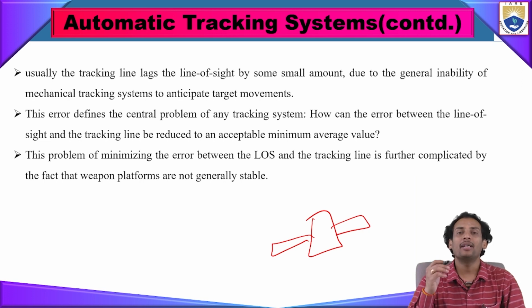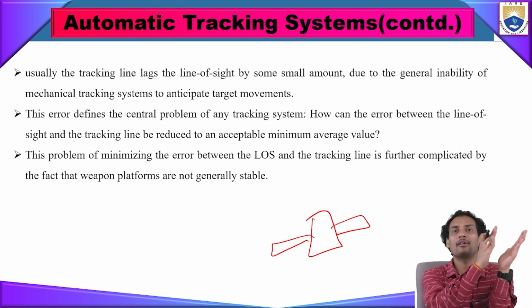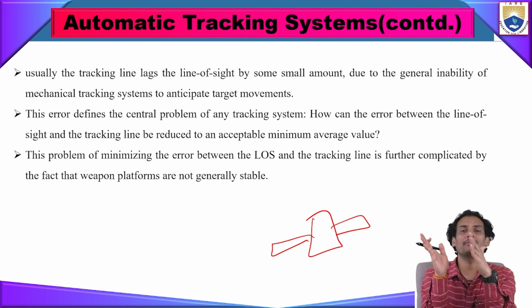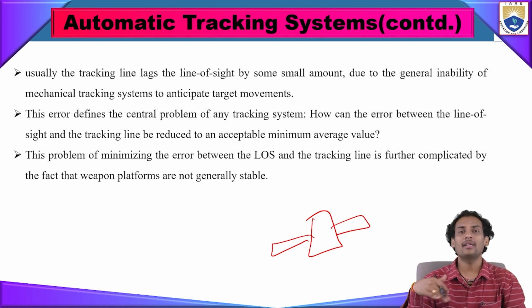Because when we are tracking the target by moving the launcher from here to here, the line of sight may have some errors with the tracking system. To avoid that, we need additional components. So how will it be avoided?